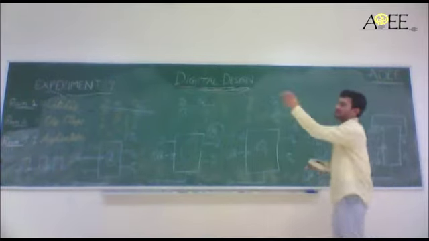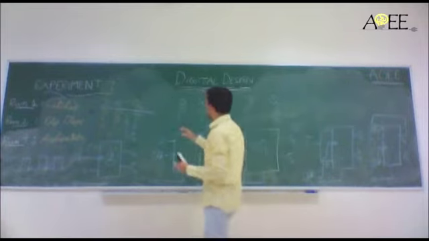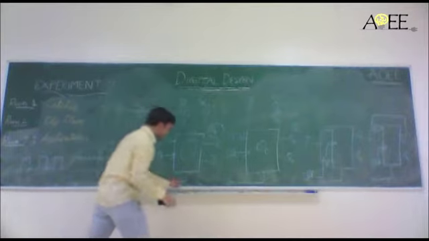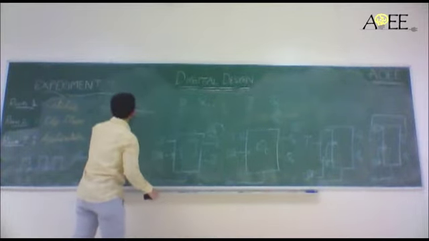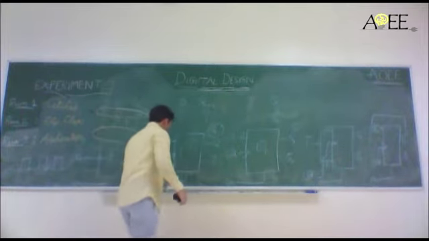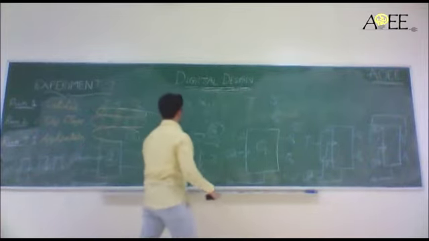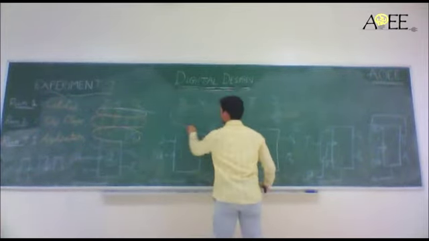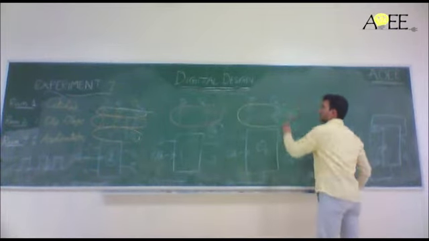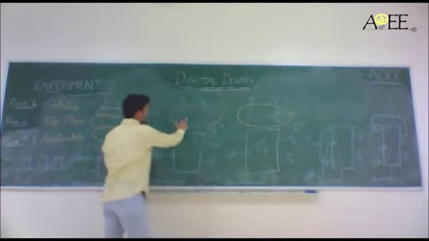Now, the next part is run 3, that is the applications of latches and flip-flops. As is visible from the truth table, the truth table for the JK flip-flop matches with T and D as well.